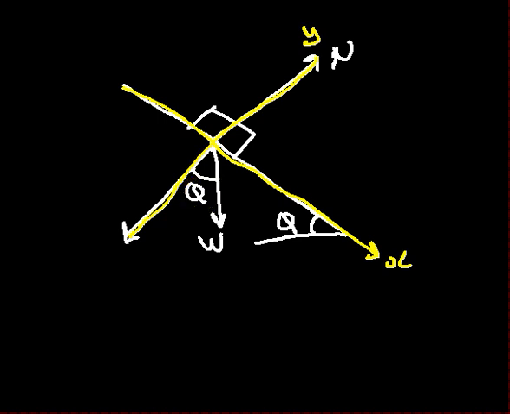Now since the surface is rough, as the object is moving downwards, we can resolve the weight into components. We have the y component, which is weight cos theta. And we have another component, which is the weight sin theta.